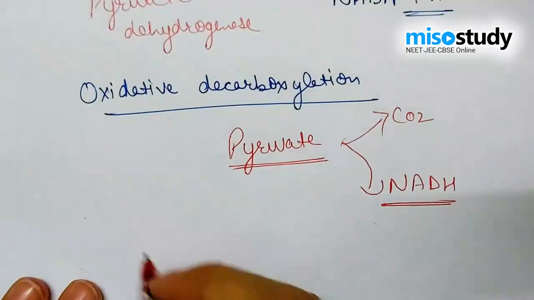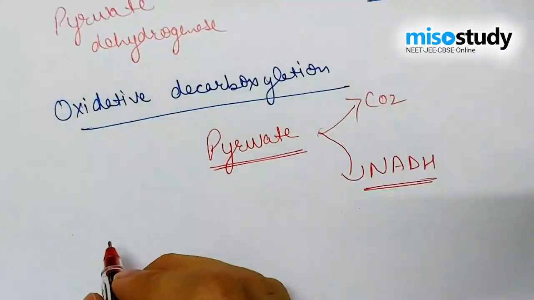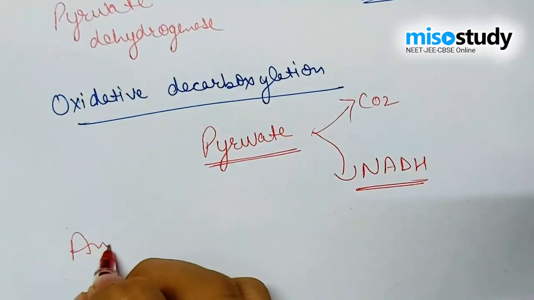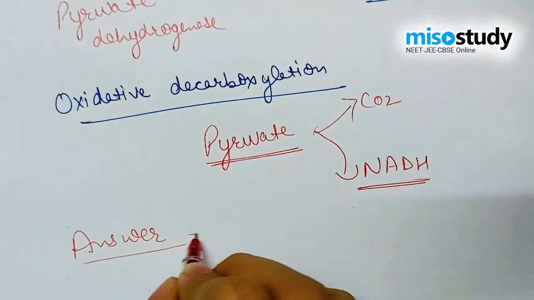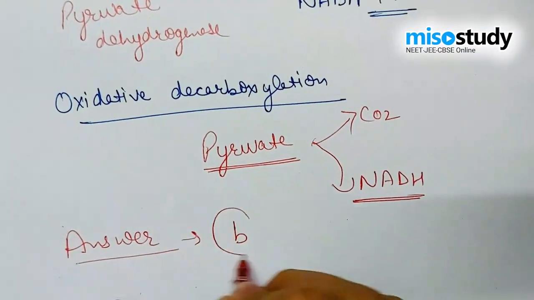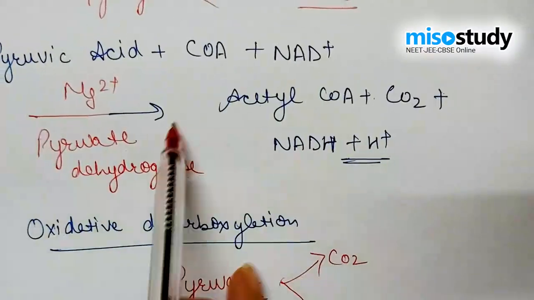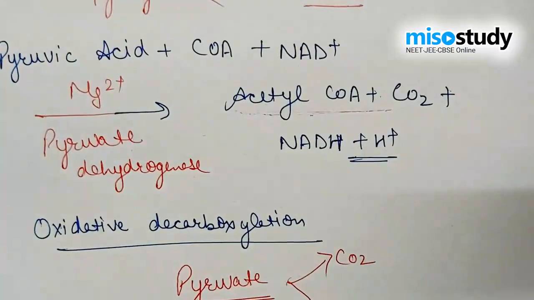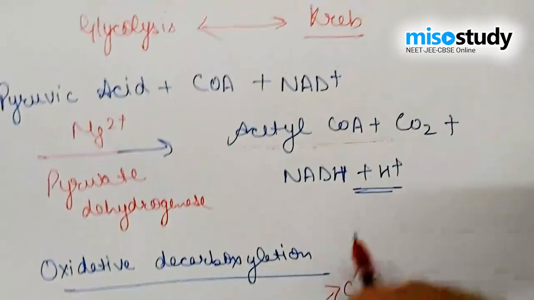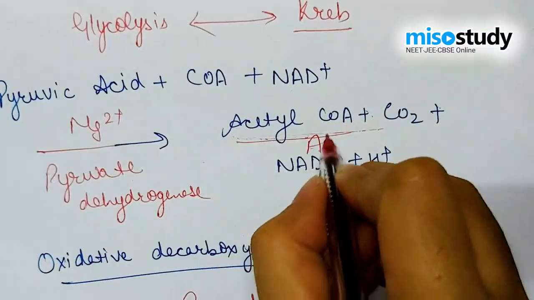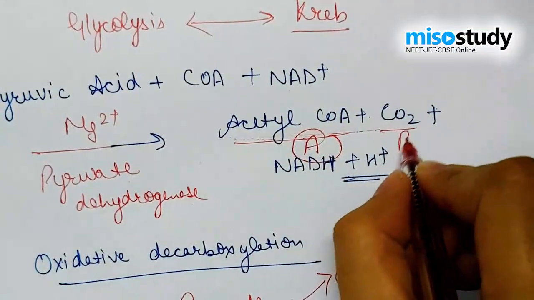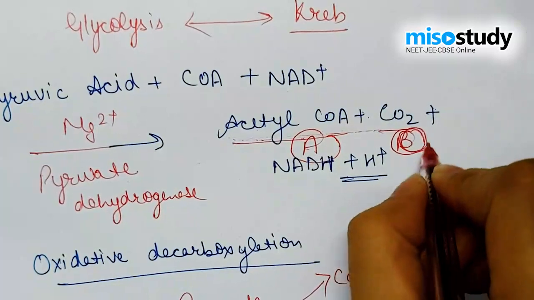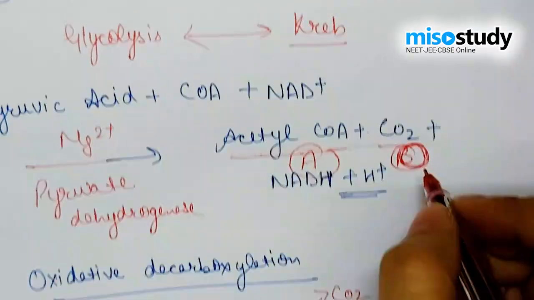So according to the discussion, the right answer for the question is option B, where acetyl CoA is A and CO2 is B.